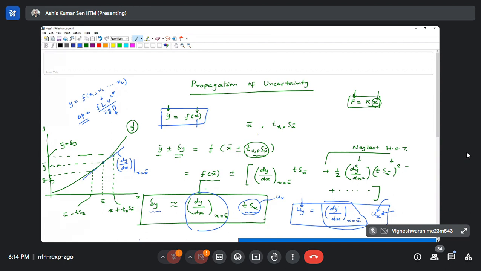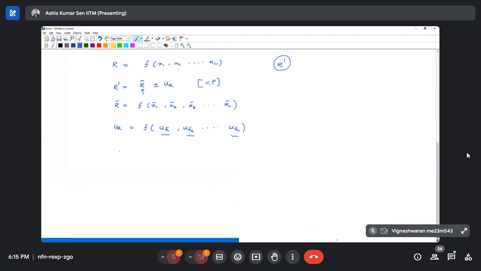So from here we can say that the uncertainty in R can come from dou R over dou xi at xi equal to xi bar into uxi.